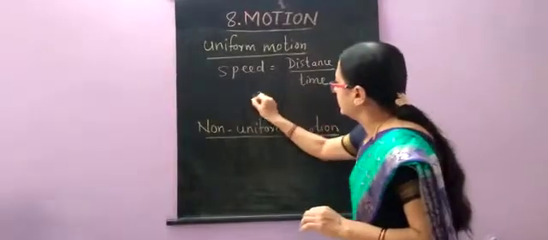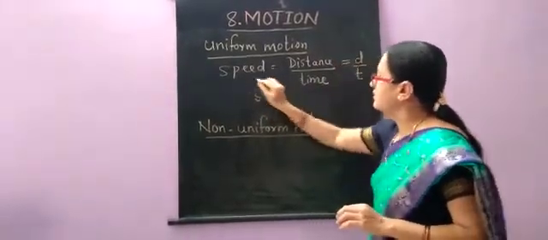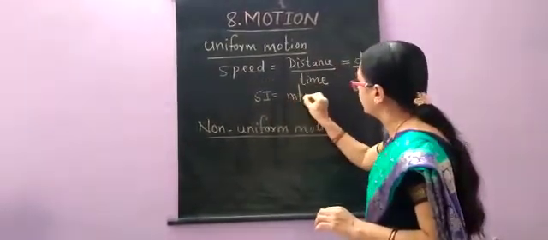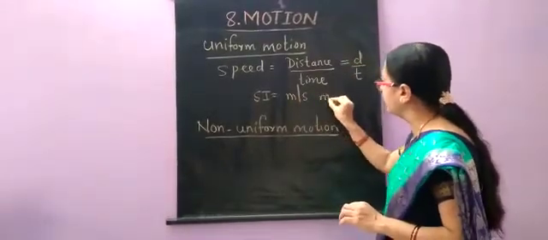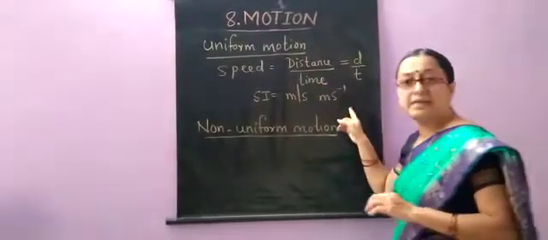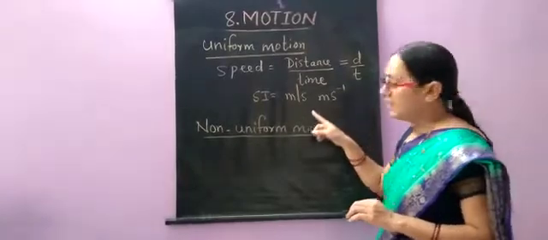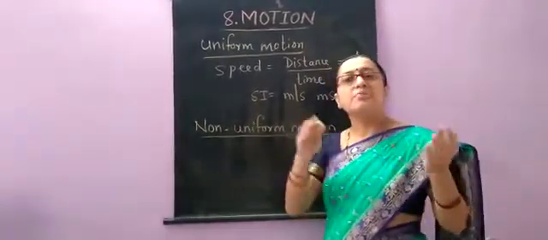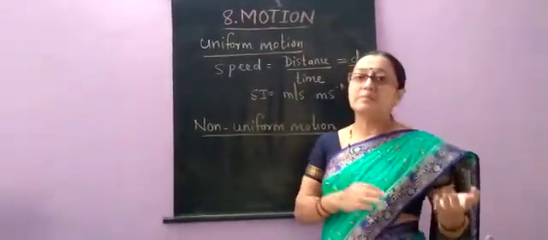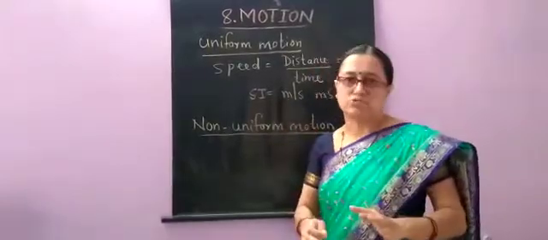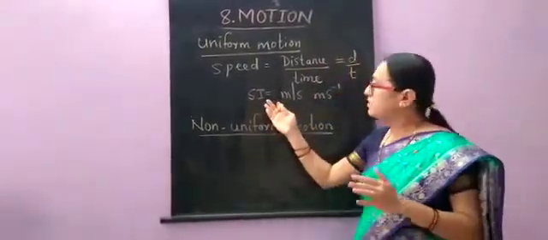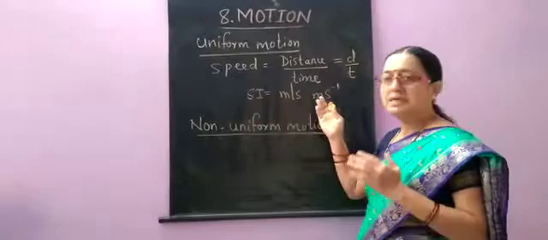The SI unit, the standard unit to measure speed, is meters per second. Other units like kilometer per hour and centimeters per second can also be used, but the standard unit we use is meters per second.